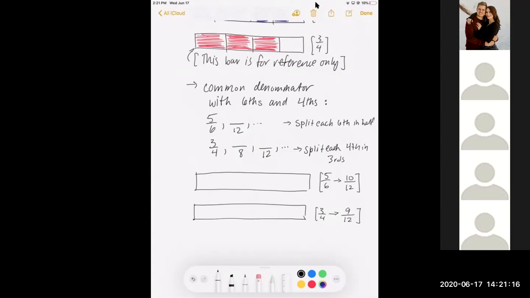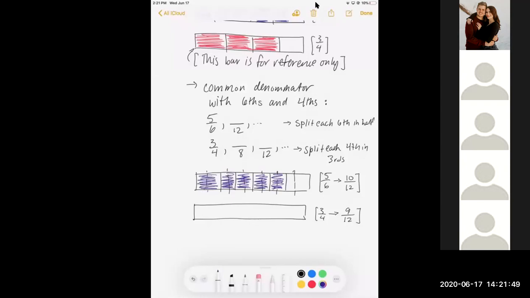And so 5/6 I'll show right here. And I'm going to split each of those in half. Okay, so I have 2, 3, 4, 5. Okay, so now I have 10 pieces here.